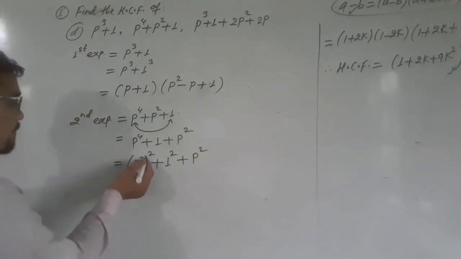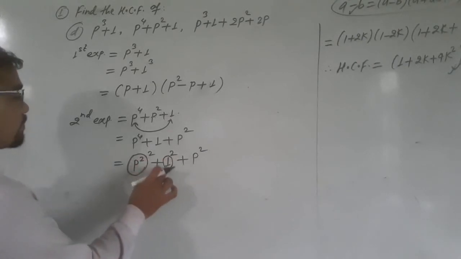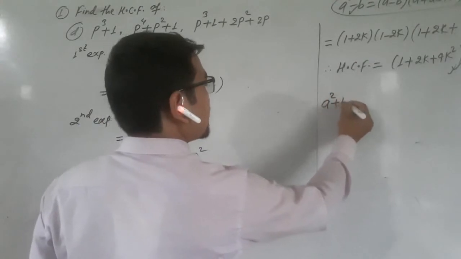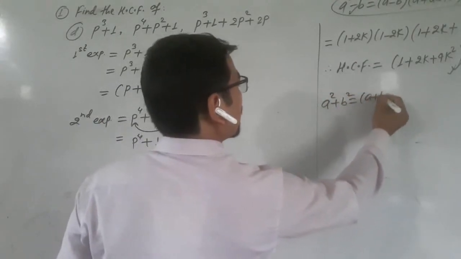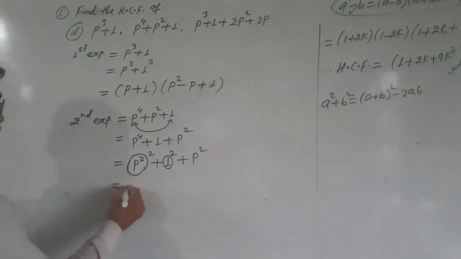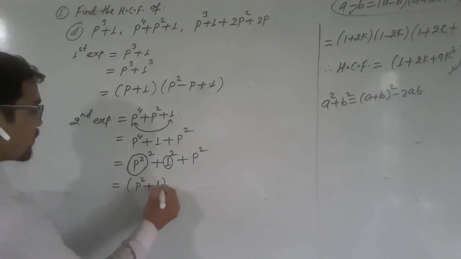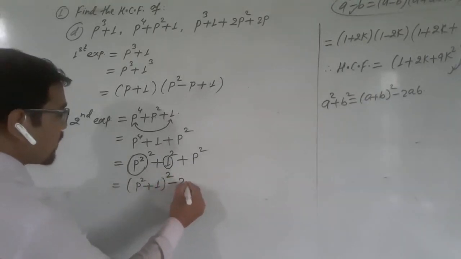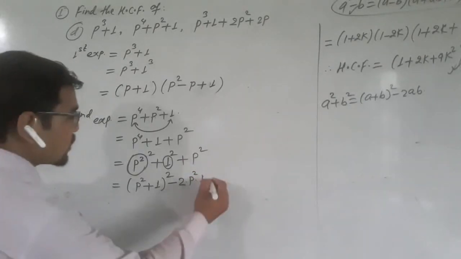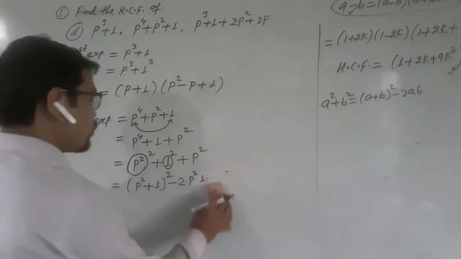So we consider this a and this b, and we apply the a square plus b square formula, which is a plus b whole square minus 2ab. Just remember it. Here a is p square and b is 1, so a plus b whole square minus 2ab, where 2ab is 2 into p square into 1.